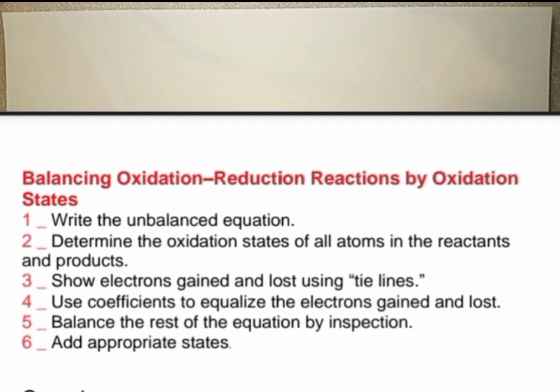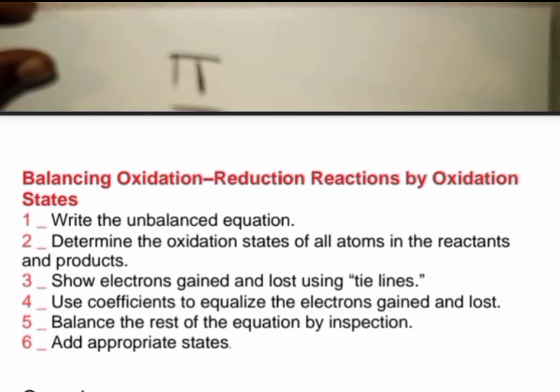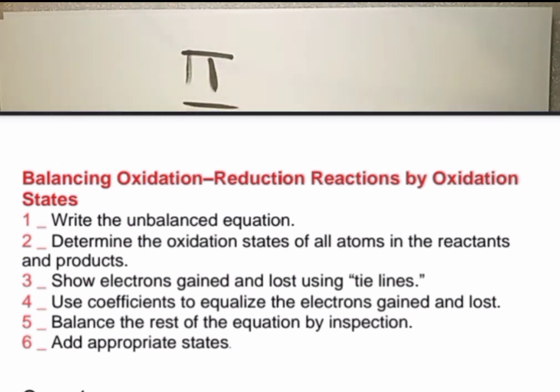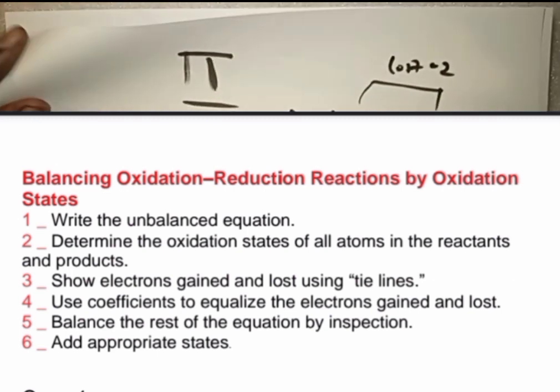What do we mean by tie lines? Tie lines simply means, for example, if you have A plus B equals C plus D, you use a line like this. You say if this one has lost 2, this one has gained 2, you show.